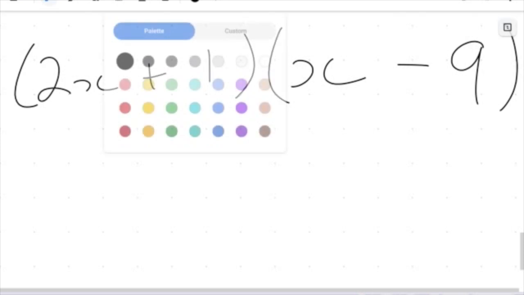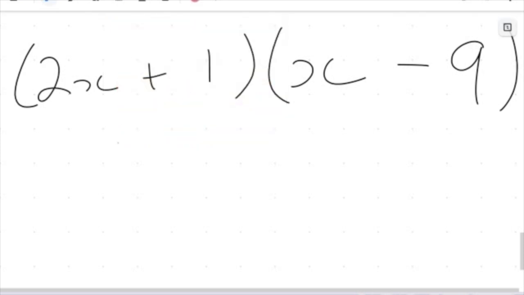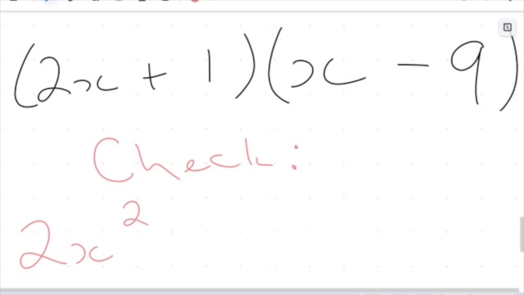Now, let me just check. I'll do the check here with you guys just to see that we've done this correctly. So expanding this using my FOIL method, I'm going to multiply 2x by x to give me x squared. I'm going to multiply 2x by -9 to give me -18x. I'm going to multiply 1 by x to give me positive x, and 1 by -9 to give me -9.